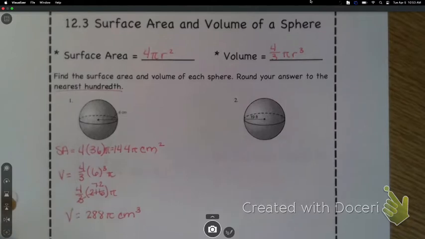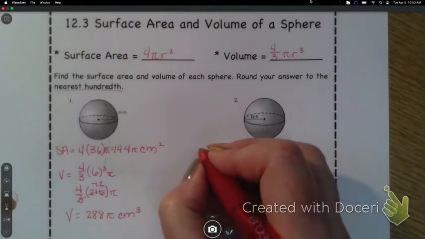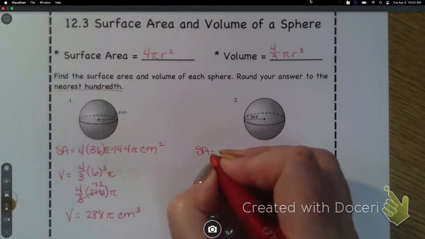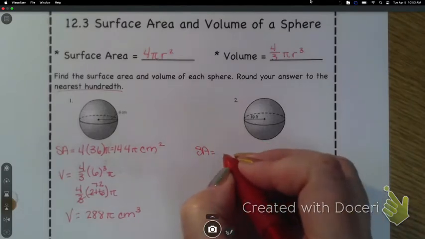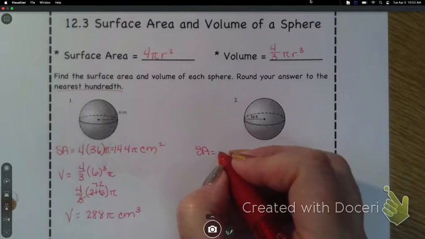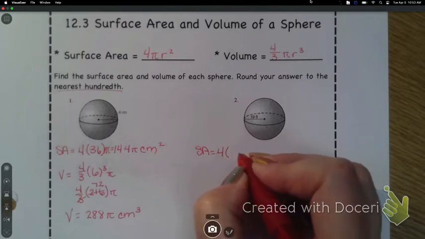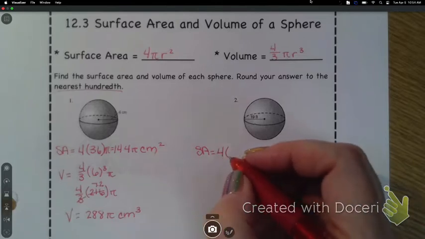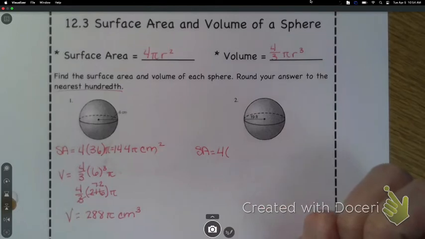Make sense? Okay, so the next one, surface area is what? 4 times 19 squared, which you should know. We did this yesterday, right?